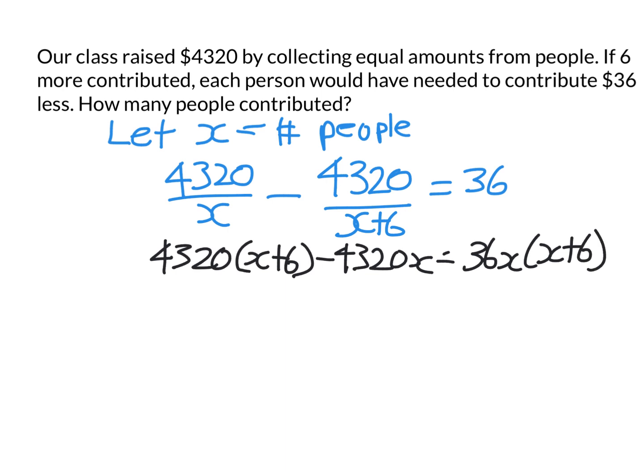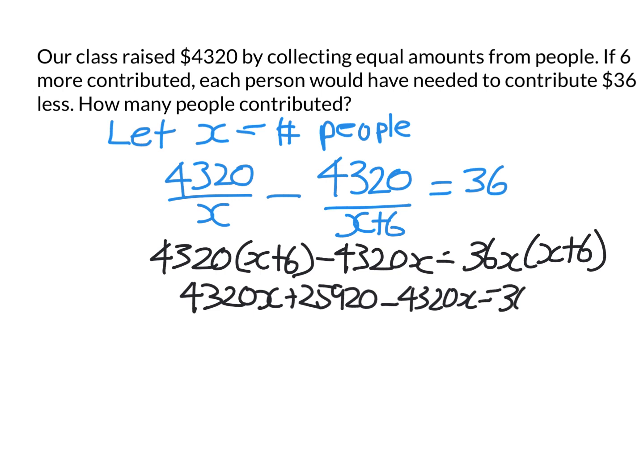Now, I said before, it doesn't matter whether we're using quadratic formula, factorizing, or completing the square, we need to make one side equal to 0. So the way we're going to do that here is by expanding the brackets.